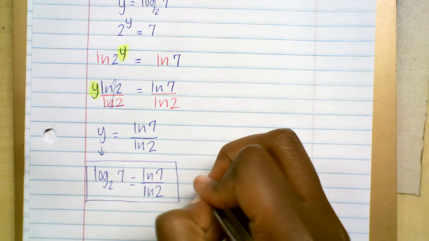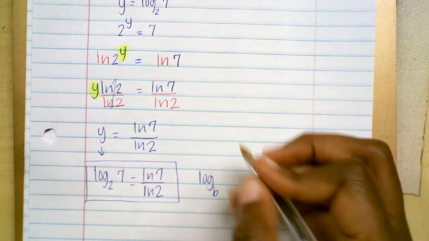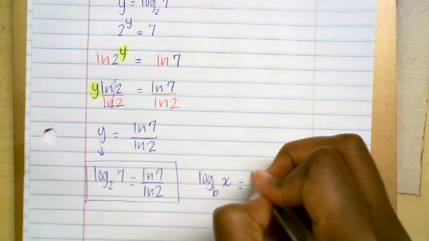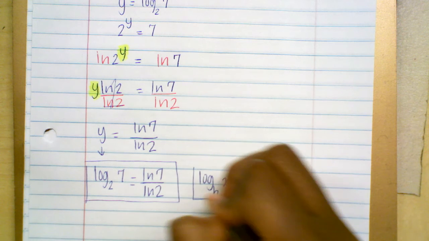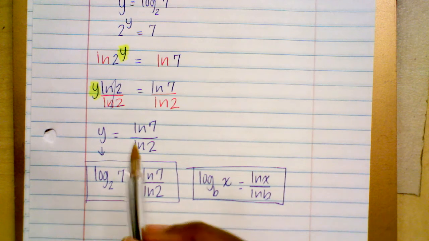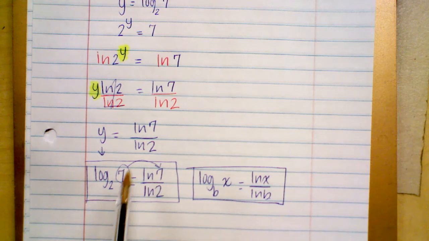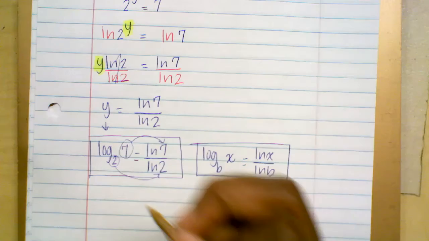The general formula for ln: if you have a log with a different base, log base b of x is equal to ln of x over ln of b. Remember, the number within the log goes on top, and the base goes at the bottom.